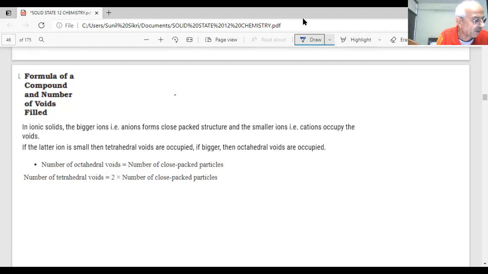But we have two types of voids, octahedral and tetrahedral voids. The number of tetrahedral voids is twice the number of octahedral voids in ionic solids.